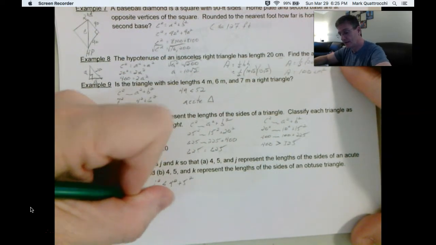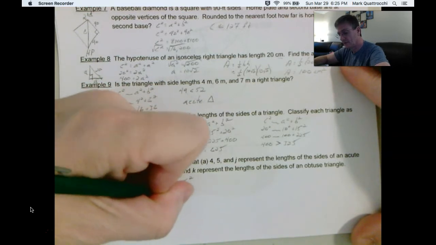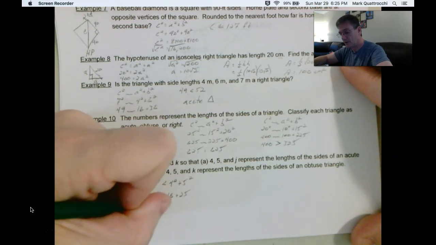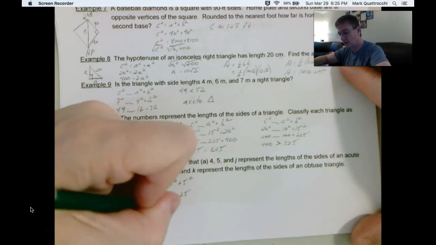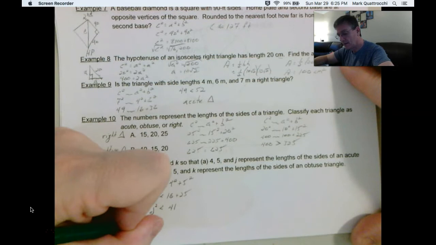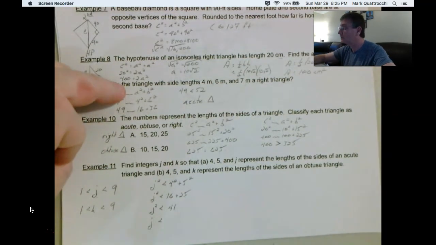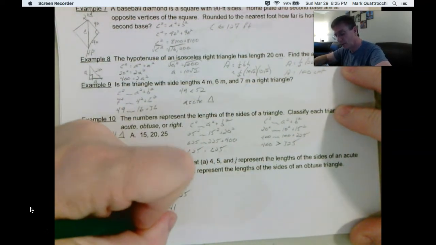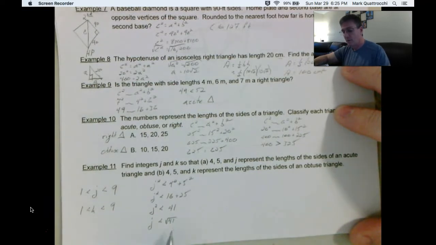J squared less than 16 plus 25. J squared is less than 41. So J is going to be less than square root of 41. Square root of 41 is approximately 6.4, which puts it smaller than 9.